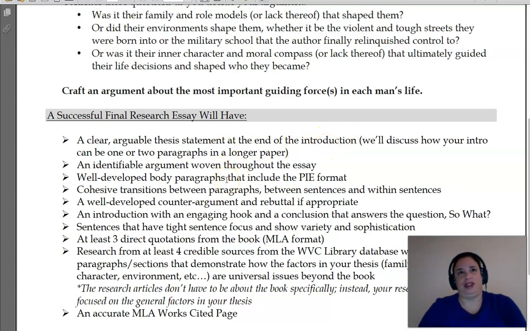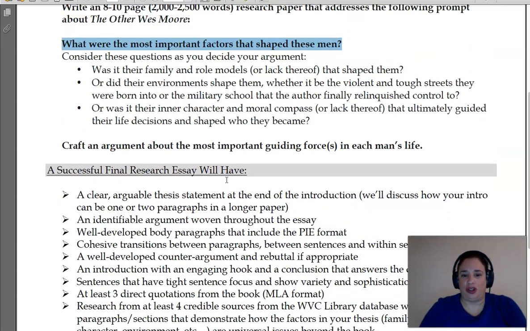You need a clear argument. Overall, there's really no difference to what we've been working on all semester, and really the skills we have been working on are leading us to this point. So you still want to have an argument. What factors are you arguing are the most important?